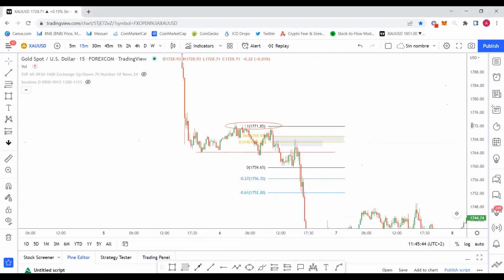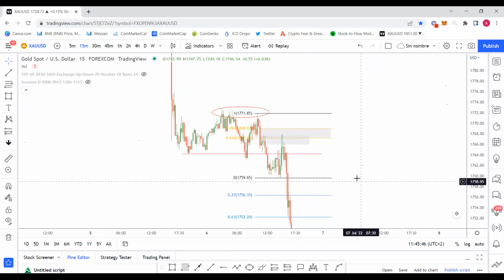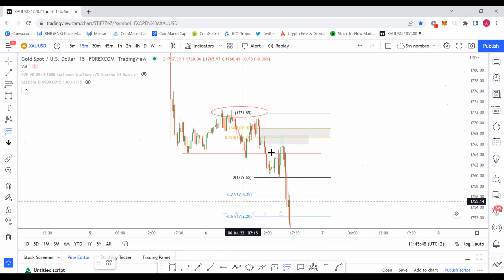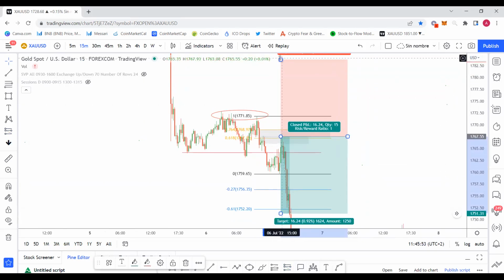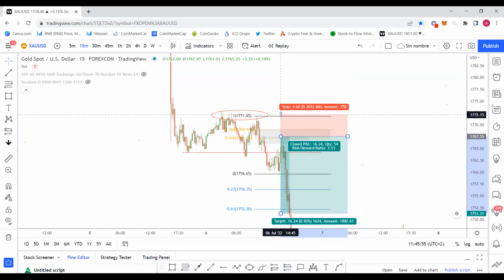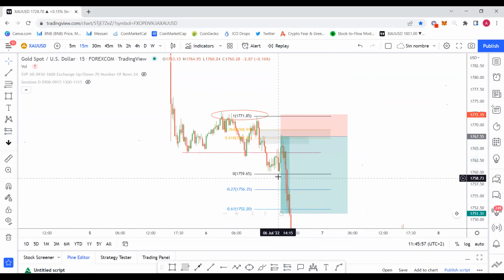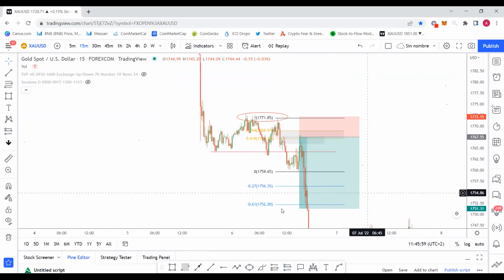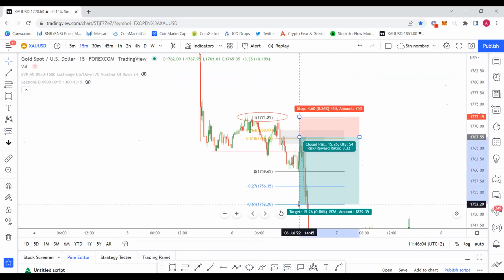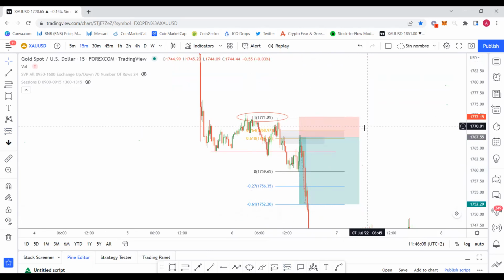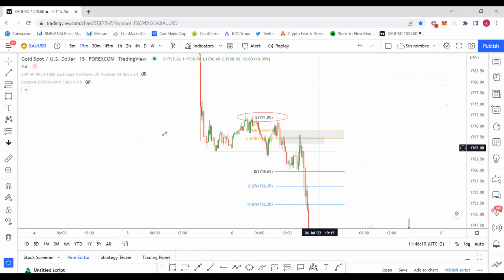And this will allow us to have a great risk to reward ratio, because remember, we are placing our stop loss above this last high. And our take profit, for example, we could target the negative 0.76. This would give us good risk to reward ratios.